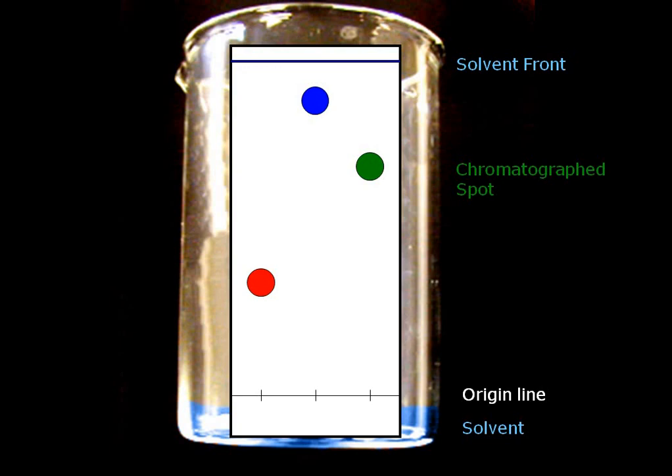In this, we can easily say that the orange spot is less soluble, and the green spot is more soluble comparatively to the red spot, and the blue spot is more soluble comparatively to the green spot.